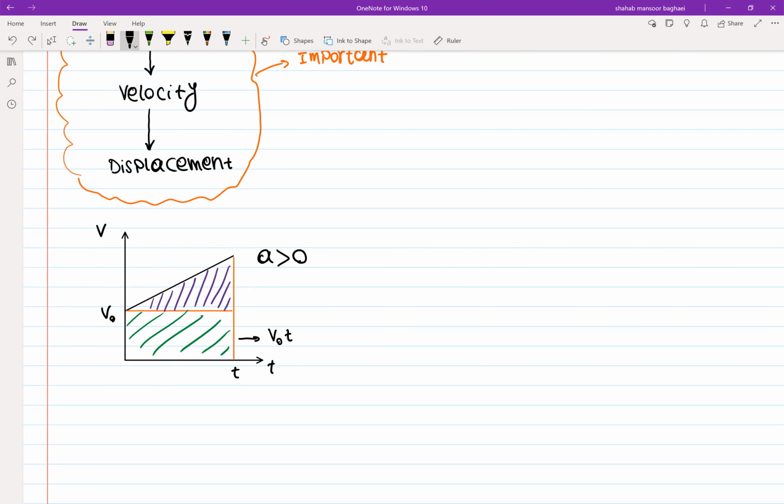Let's do it. What is this length? Of course, it is T. Therefore, T times. What is this length?